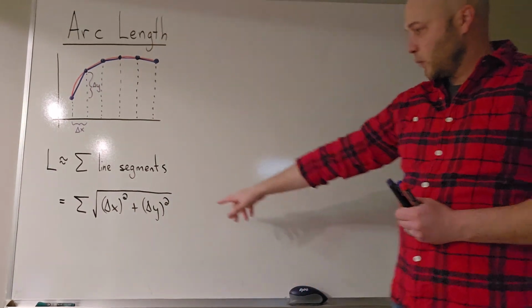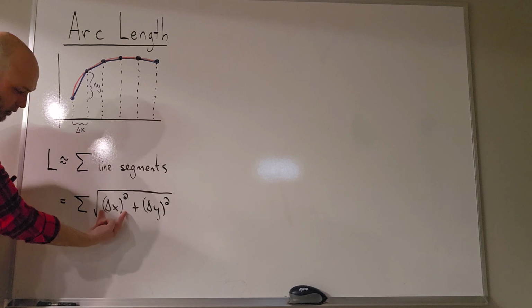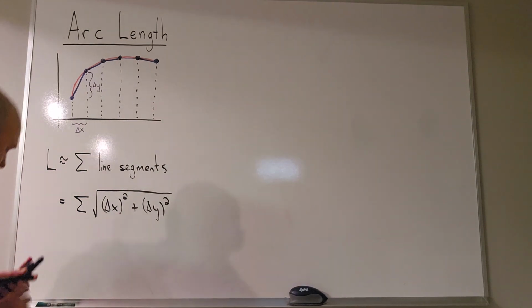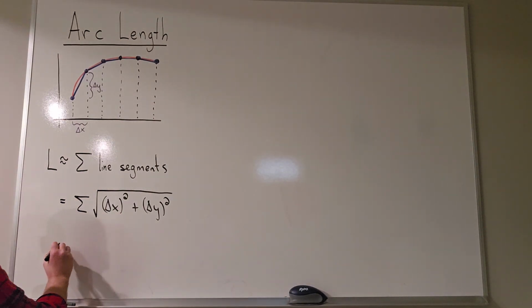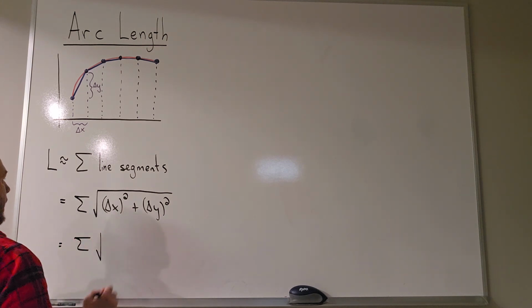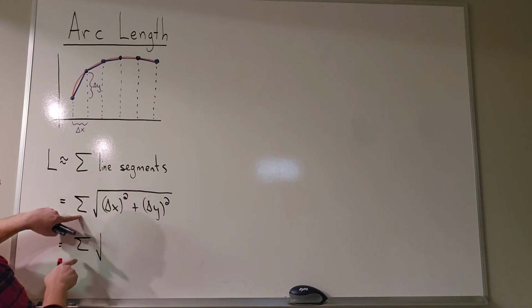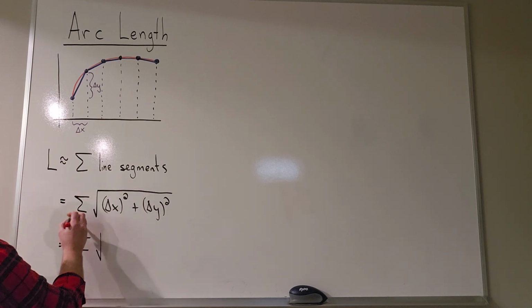All right, so when I work with this, I'm going to start by factoring this term out, the change in x quantity squared. So when I factor that out, I get, and again this is the sum over all line segments.